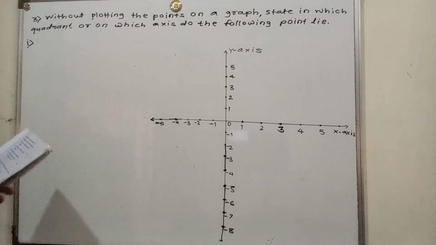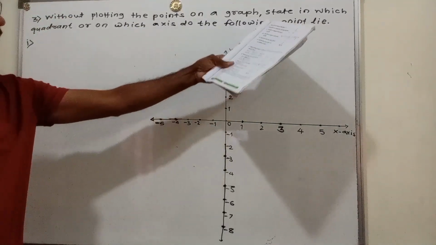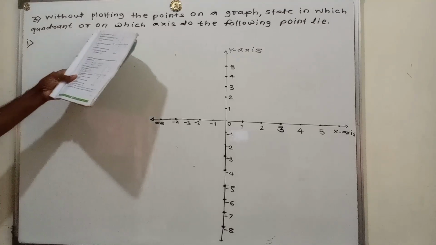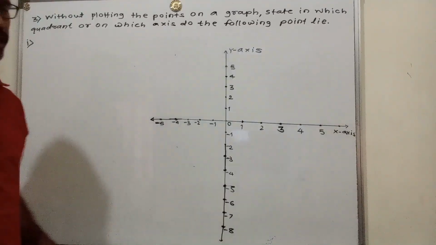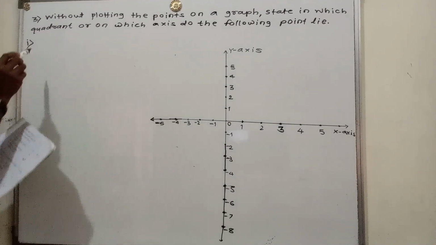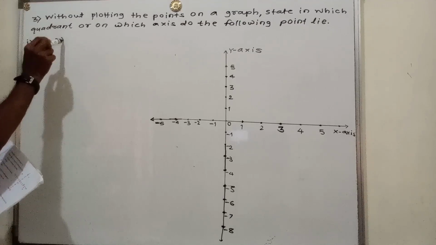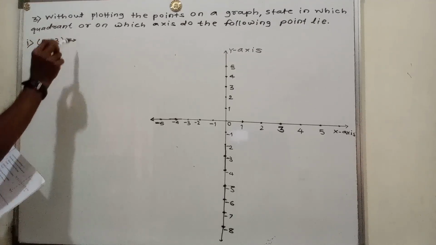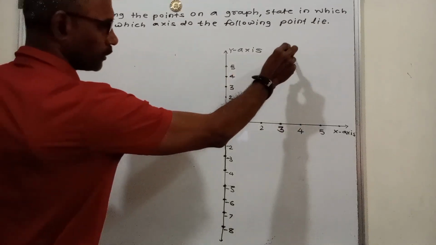Question number 3. Without plotting the points on a graph, state in which quadrant or on which axis do the following points lie. First is given 5, minus 3. This is our first quadrant.